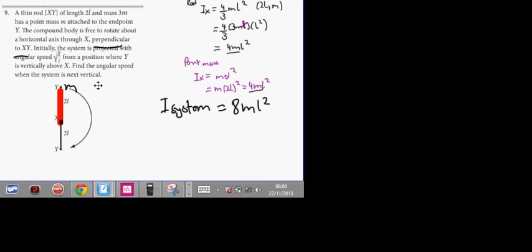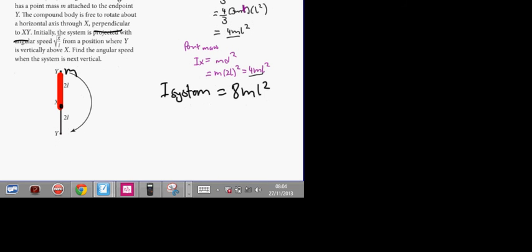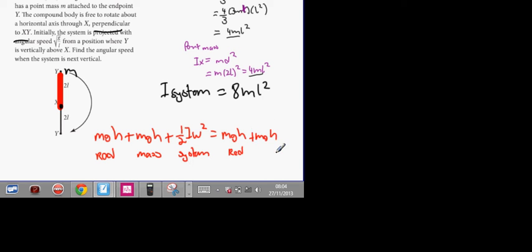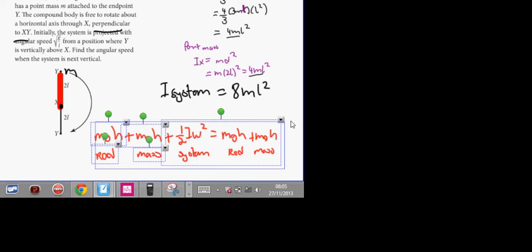Next thing we've got to do is find out: the system is released from rest, okay? So we're going to do what we've been doing the last while now. We're just going to write down all the energies. Potential energy of rod plus potential energy of mass plus rotational energy of system will equal the new potential energy of the rod plus the new potential energy of the mass plus the rotational energy of the system.